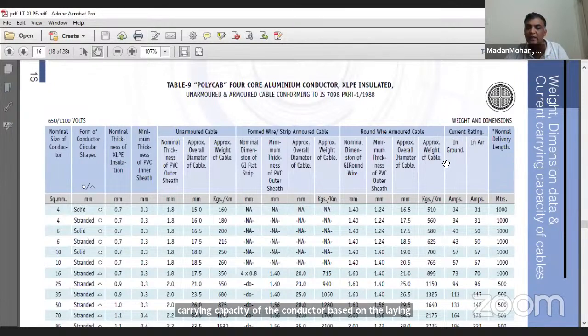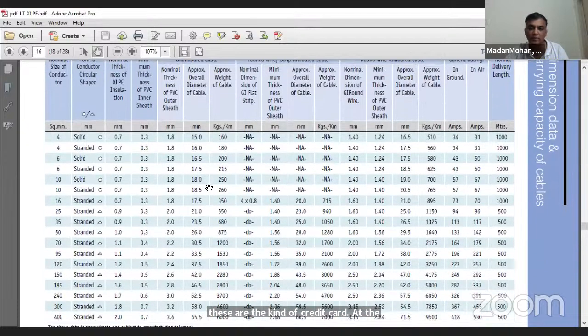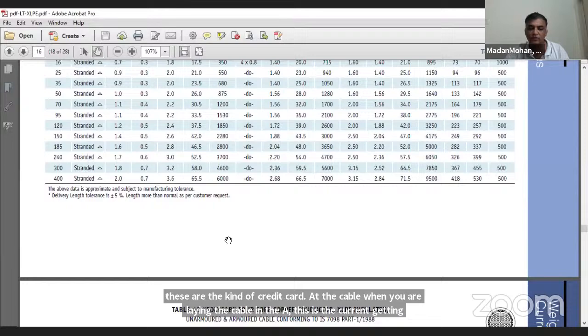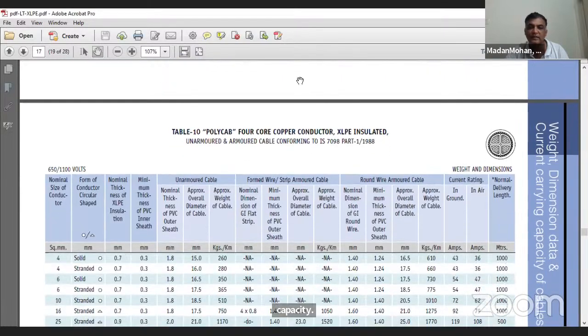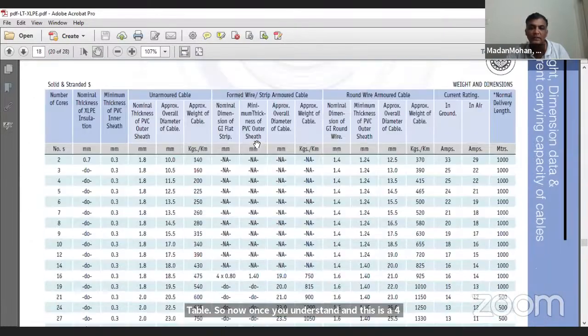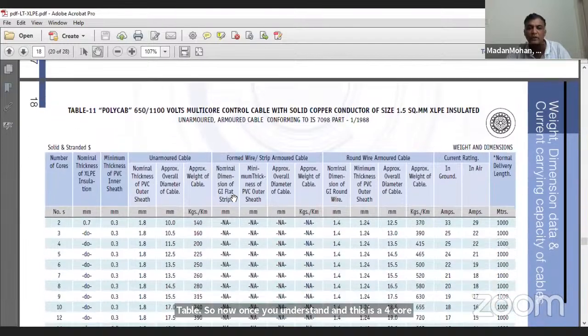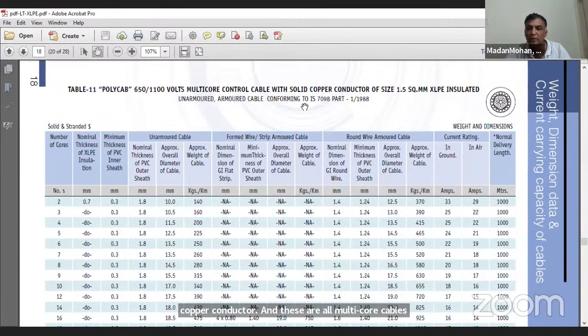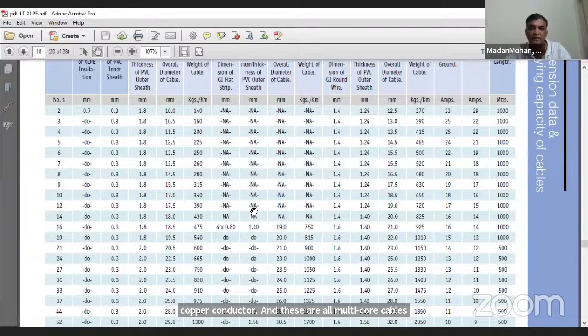When you are laying the cable in the ground, these are the current carrying capacities of the cable. When you are laying the cable in the air, this is the current carrying capacity of the cable. And this is a 4 core copper conductor, and these are all multi-core cables, multi-core control cable with a solid copper conductor and all.